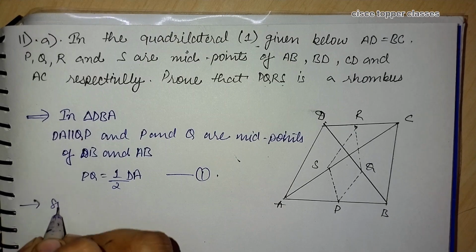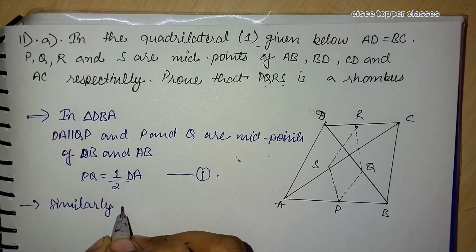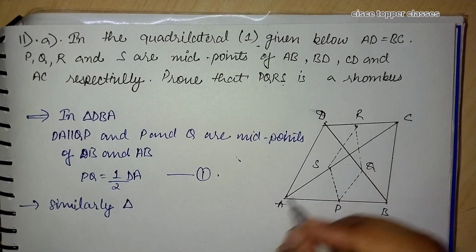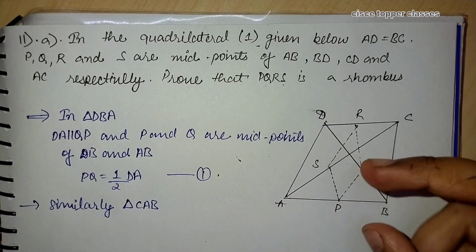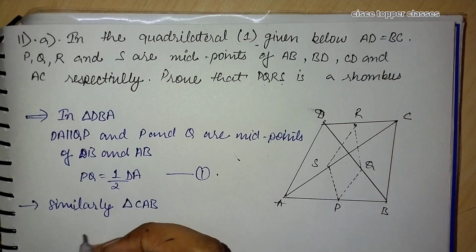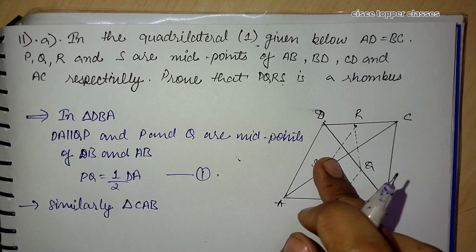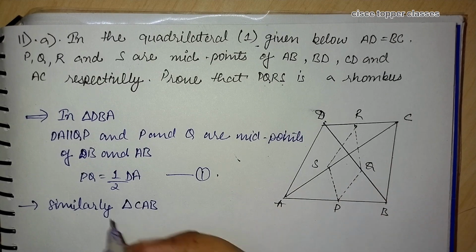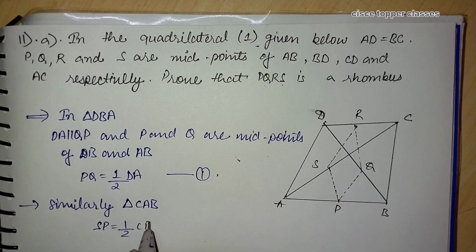Now similarly, applying the same process in the second triangle, which is triangle CAB, we can again write, because these sides are parallel, and here P and S are the midpoints of these two sides. So similarly we can write SP is equal to half of CB.